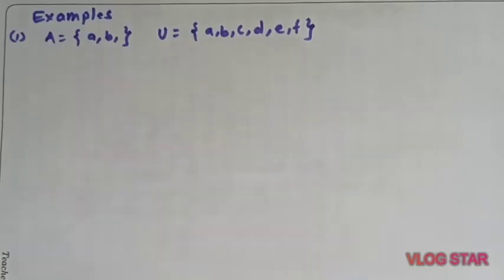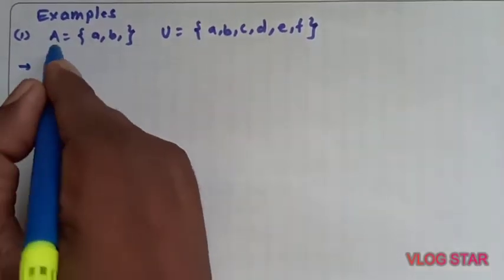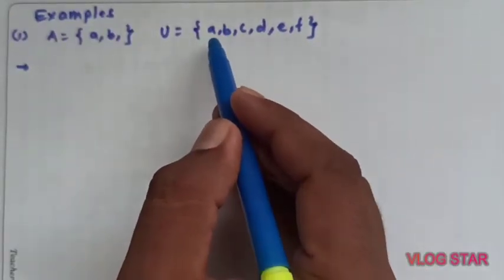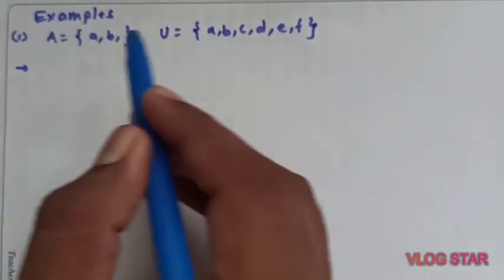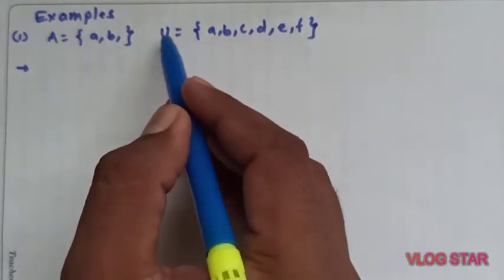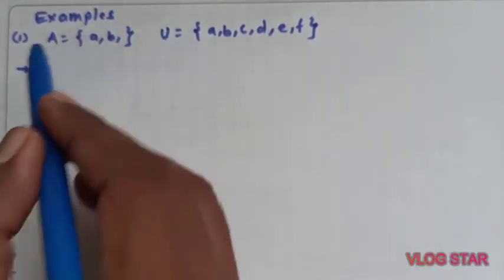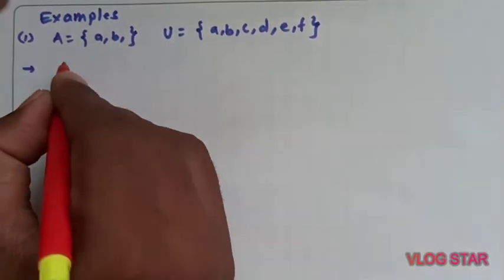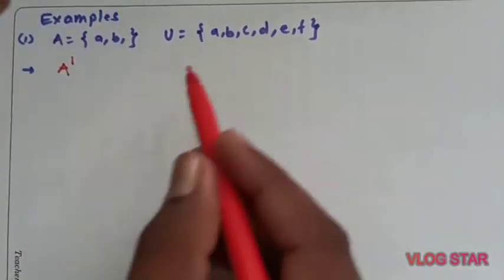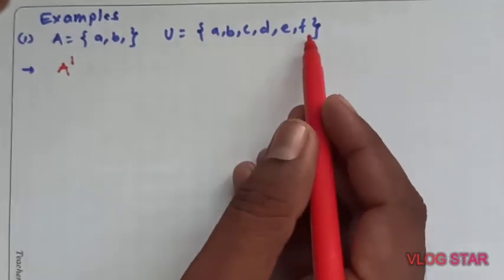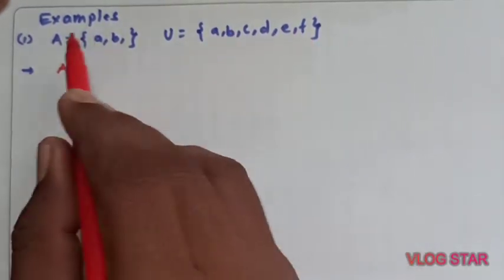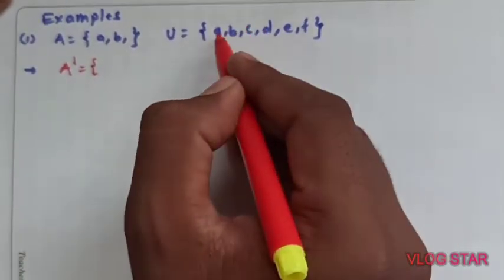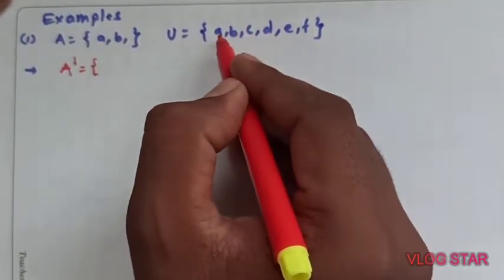Look at this first example. I have a set A which contains a, b and universal set U is taken as a, b, c, d, e, f. So a, b are contained in U, that's why U is a universal set for A. What is the complement of A? As the definition says, I have to collect all the elements from U but they should not be from A. So I'll go to U. One by one we'll try to copy.